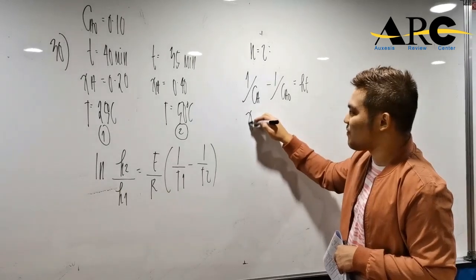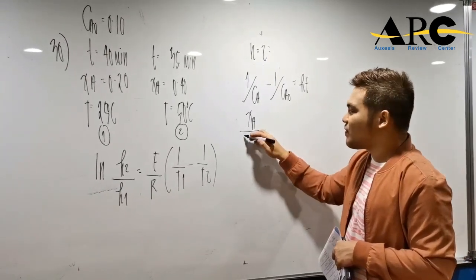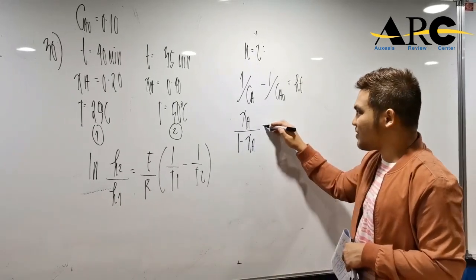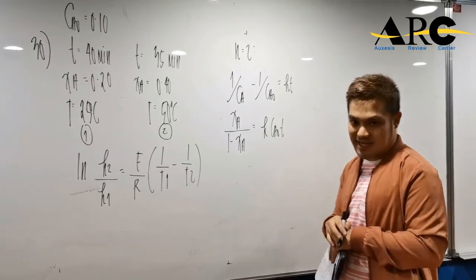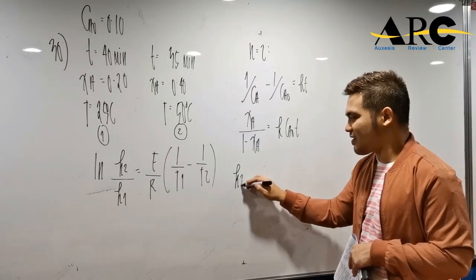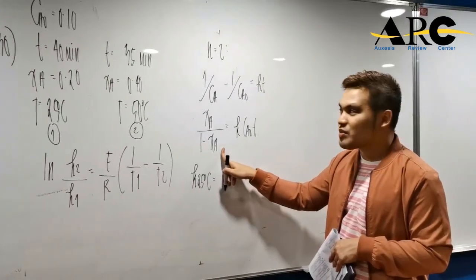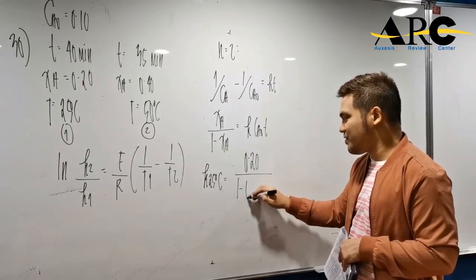O, may isa pa tayong formula kanina. So nanggaling lang din naman yan dito. For second order, XA over 1 minus XA is K times CA0 times time. So, pwede na natin makuha yung mga value ng K. O, kapag 25 degrees Celsius, so we have 0.2 over 1 minus 0.2.